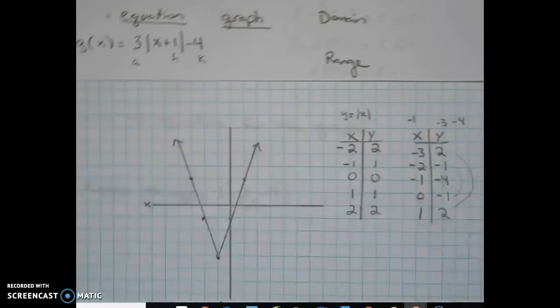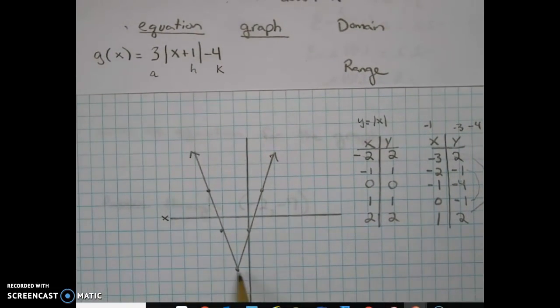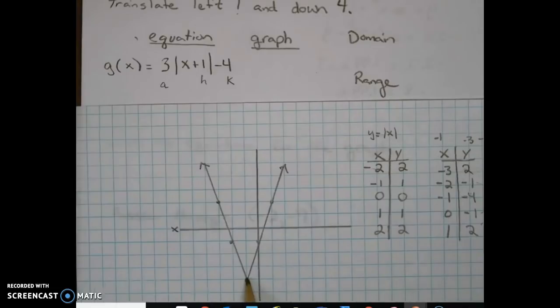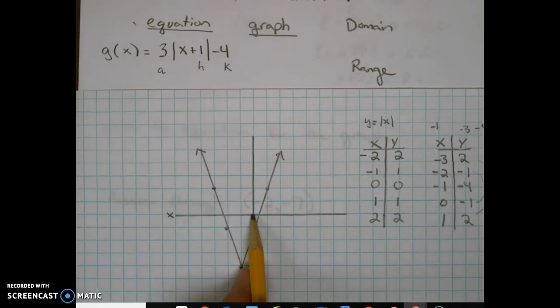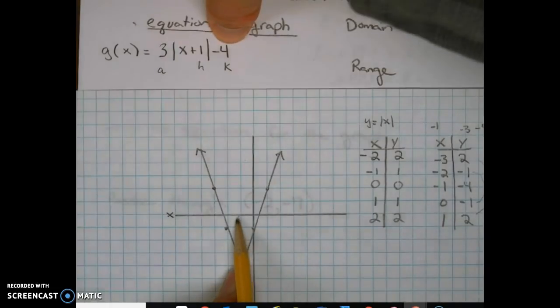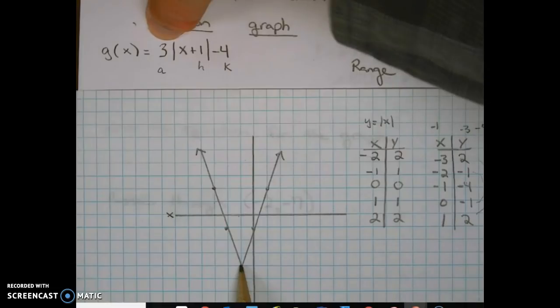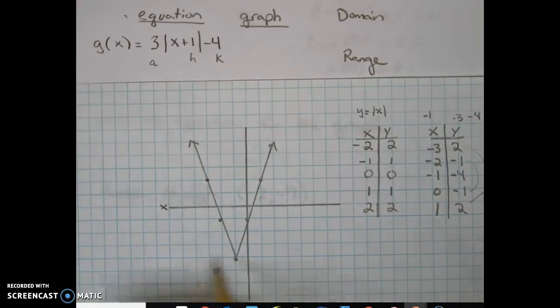There's our transform graph. Now notice that our vertex point is translated from our parent, which goes through 0, 0. It's translated 1 unit left and 4 units down. Notice our A value of 3 can also be seen on the graph if you go over 1 unit and only 1 unit in either direction.